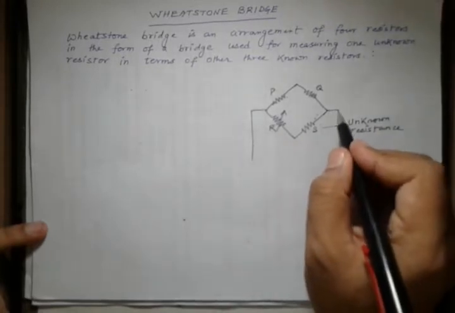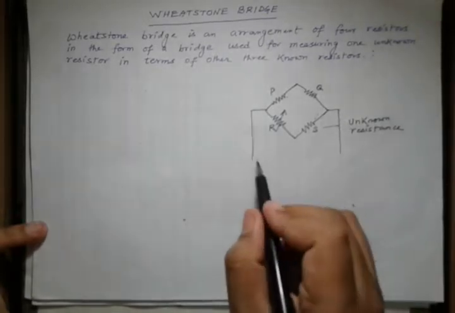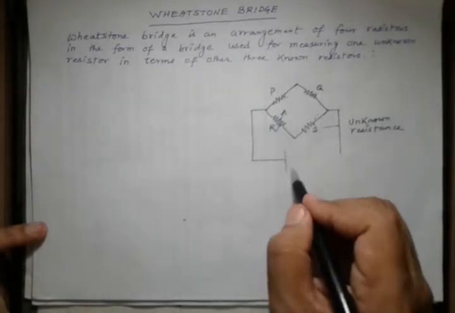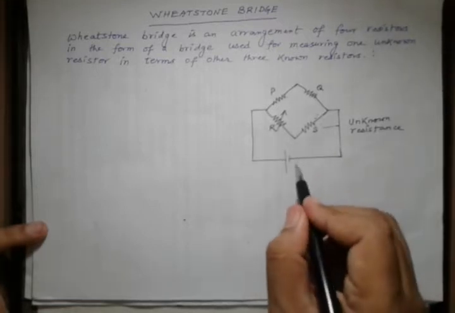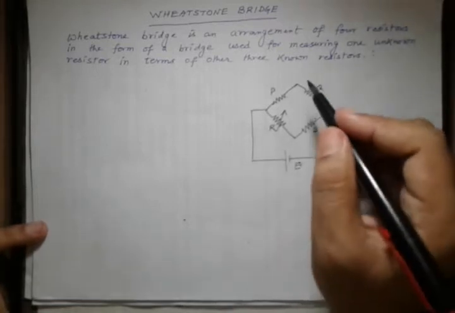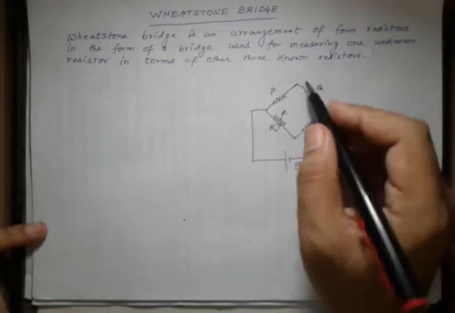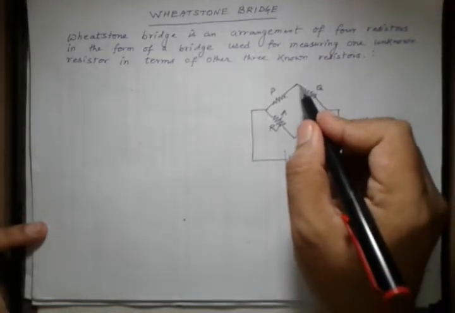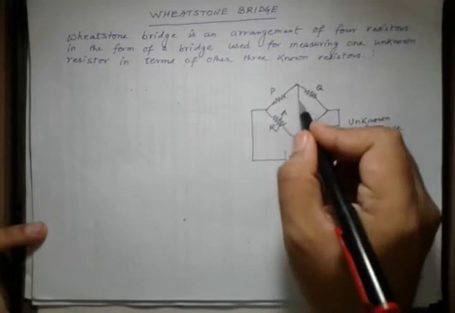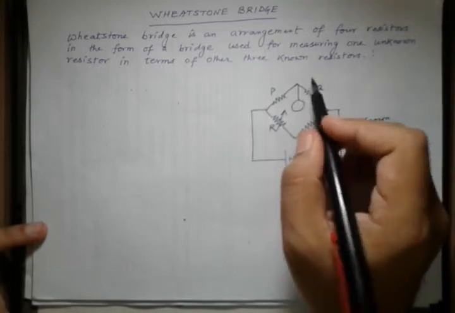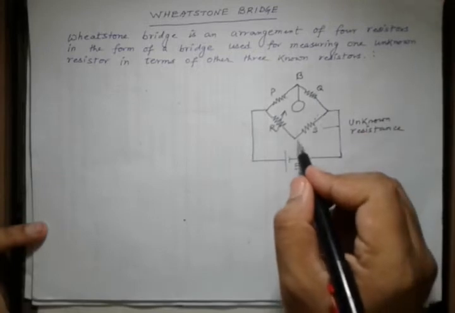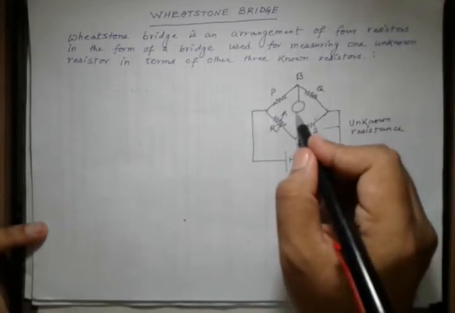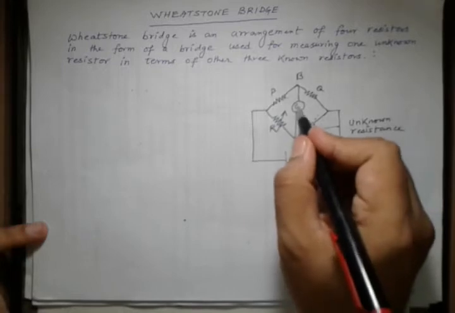Now you have to connect a battery here. So this is the wire and a battery is connected in this way. This is the EMF of the battery. And one more thing, you have to connect a very sensitive galvanometer here, between the B and D points. So this is your galvanometer.